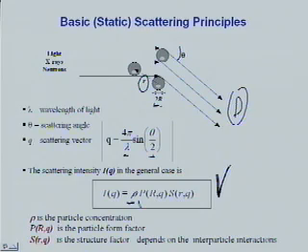Then you have this function here, P, a function of the radius of the particles and the scattering vector, which is called the particle form factor, and which tells you how the scattering intensity is going to depend on the form, shape, and size of the particle.